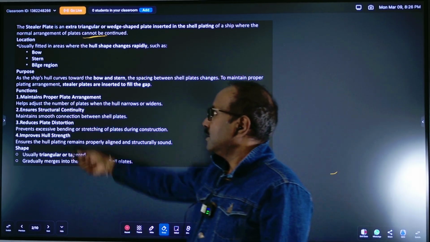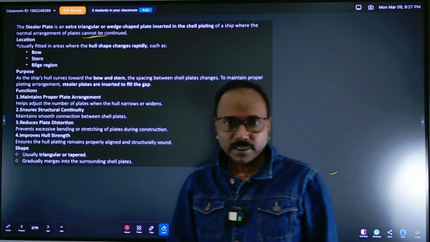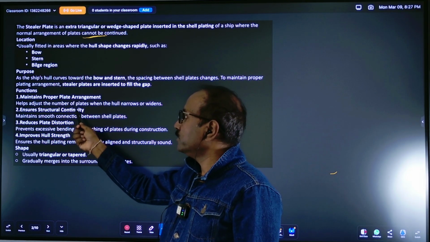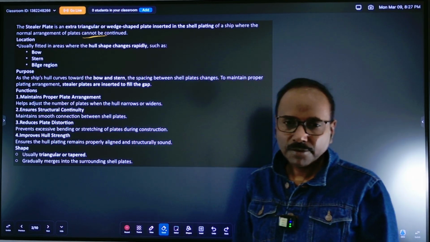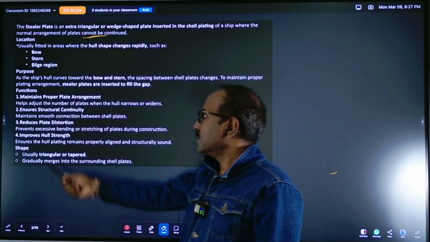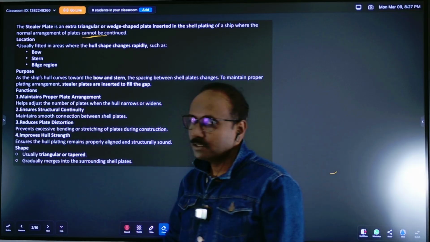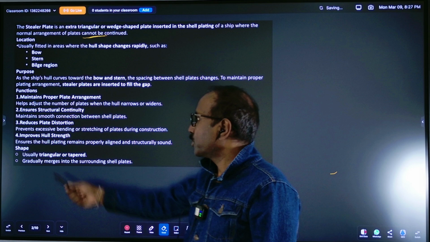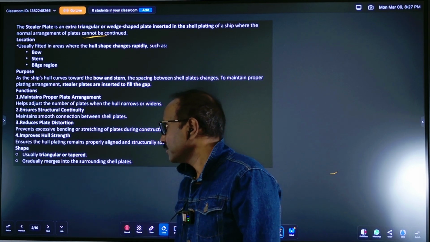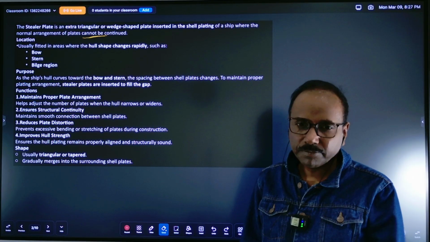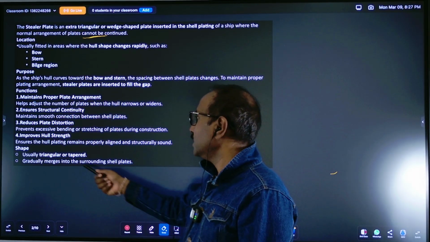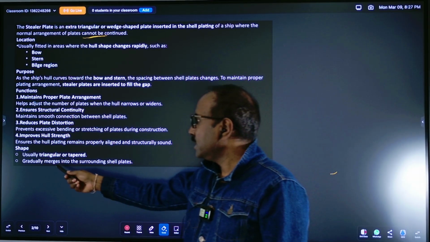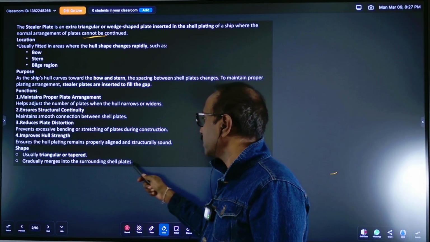Functions: maintains proper plate arrangement, ensures structural continuity, reduces plate distortion, improves hull strength. And what kind of shape is this Stealer plate? It can be a triangular or tapered plate, and gradually merges into the surrounding shell plates.